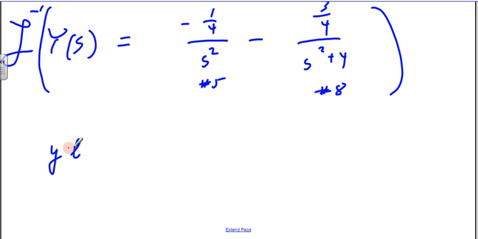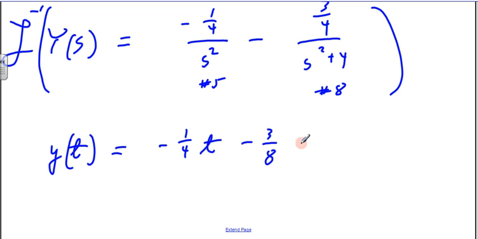Y of t is equal to minus 1/4 t minus 3/4 comes out. I need a 2 up there. This is going to be minus 3 over 8 sine 2t. I hope I didn't leave out too many steps there.